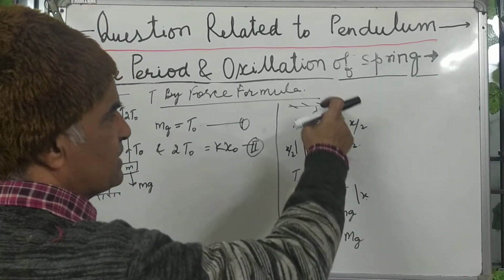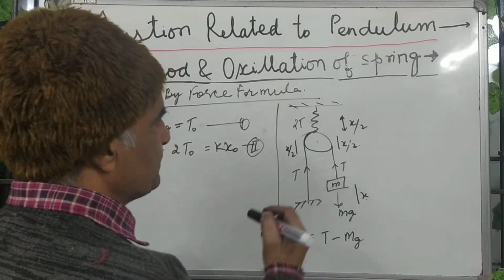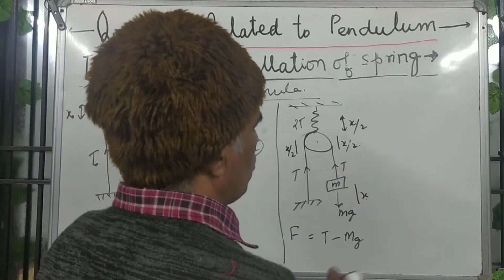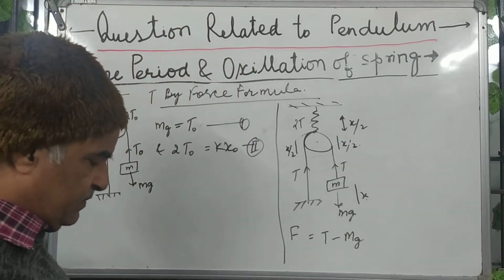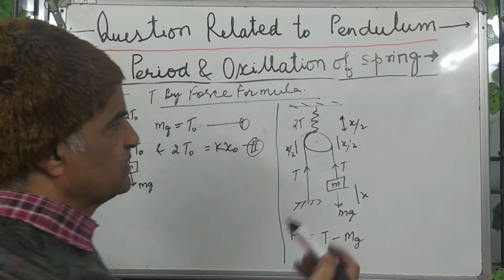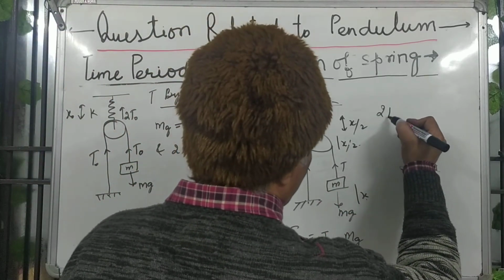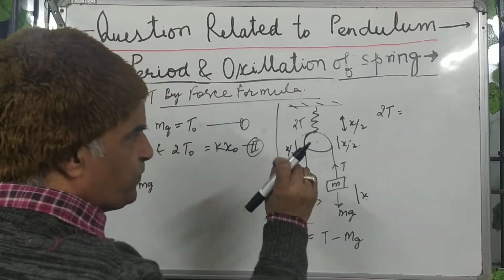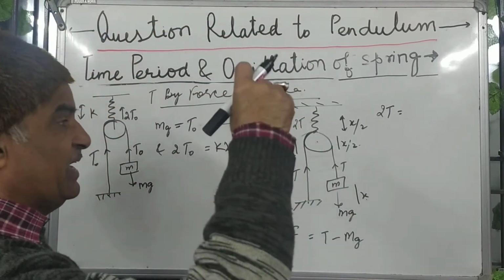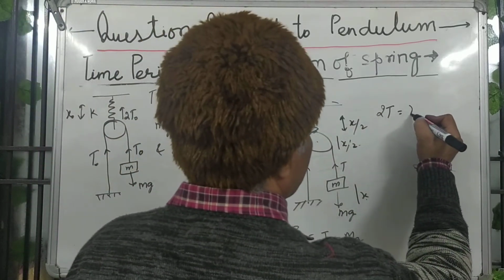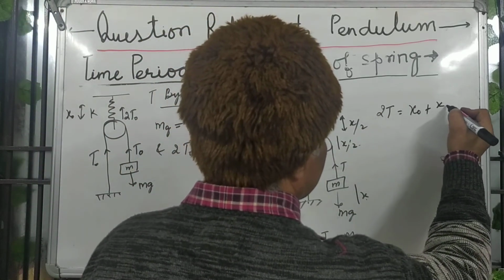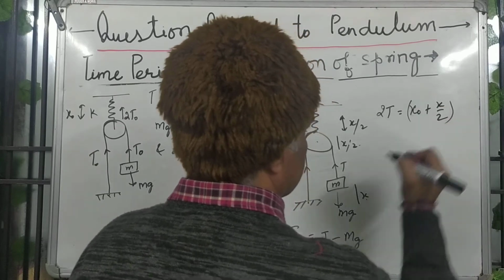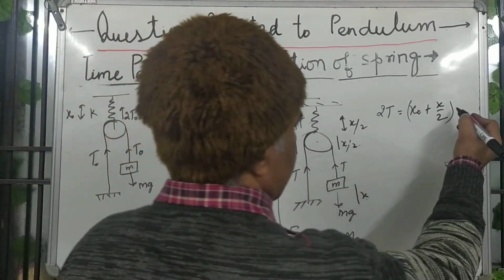And in this case, 2T equals, due to this tension, the initial extension was already x naught, and the new extension is x by 2, into k.